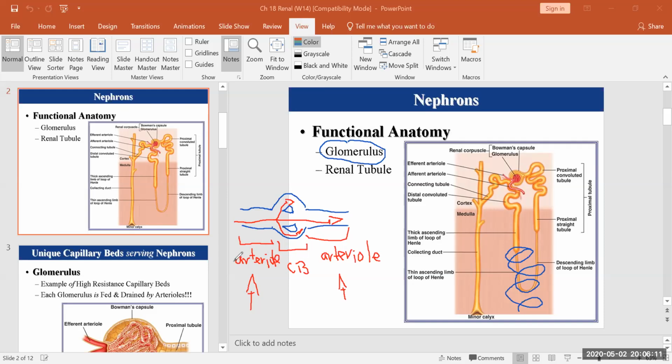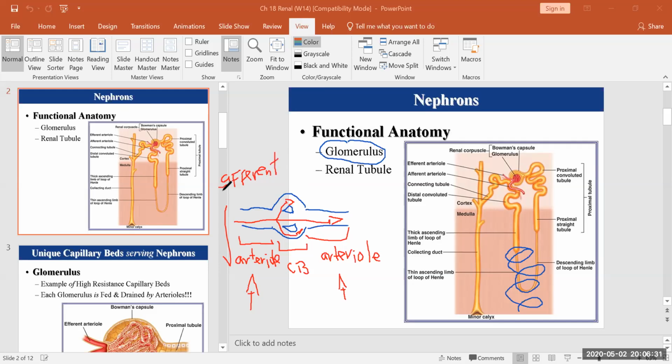The one that basically brings blood to be filtered into the glomerulus, we call that afferent, or AFF, afferent arteriole, meaning A stands for arriving, so it helps you to remember.